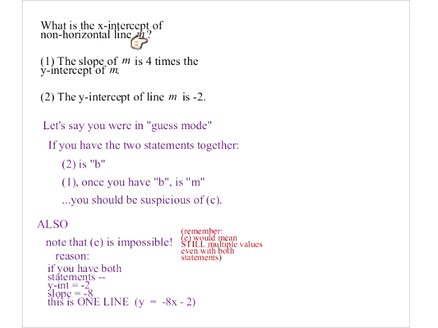So even if you don't really see what's going on with these statements, you can still pick up on this. You can say, look, if I have them both, then I've got a single line. It has a slope of -8 and the y-intercept is -2. Since it's a single line, it will have exactly one x-intercept. So that would be sufficient.